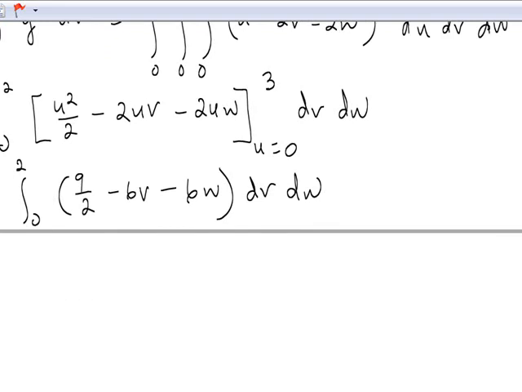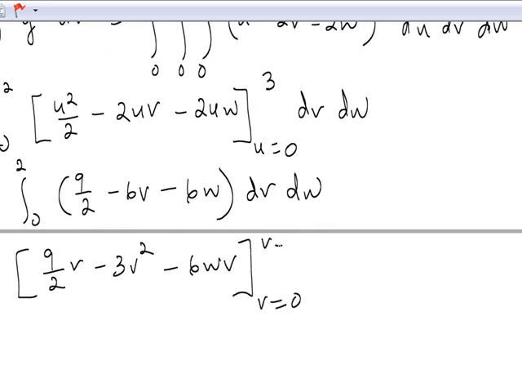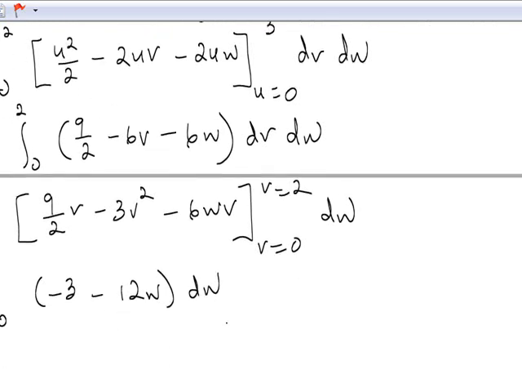Integrate with respect to v, 0 to 4, 9 over 2 v minus 3v squared minus 6wv, v equals 0 to v equals 2. This becomes 0 to 4 of minus 3 minus 12w, which ends up being minus 108.